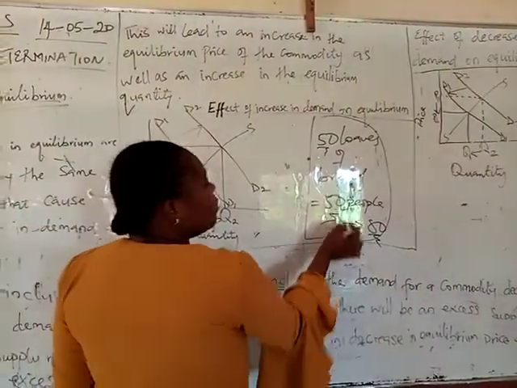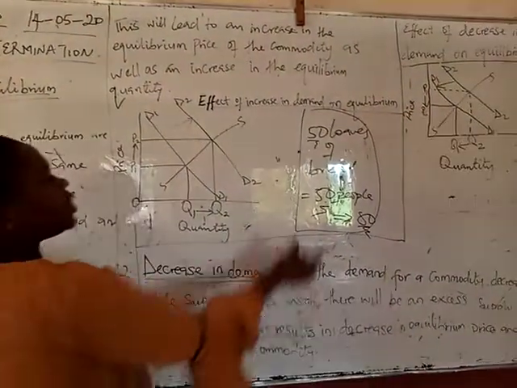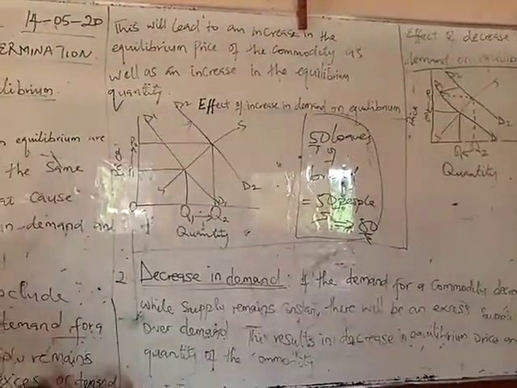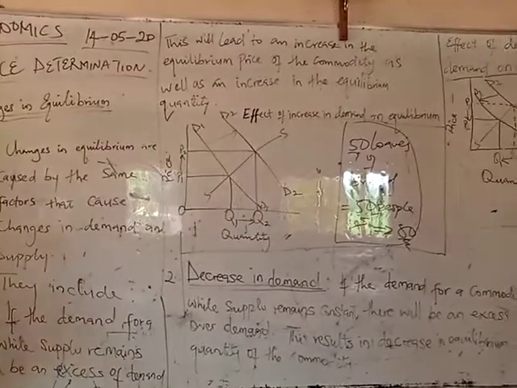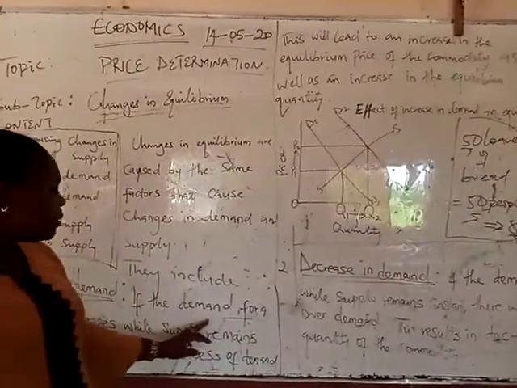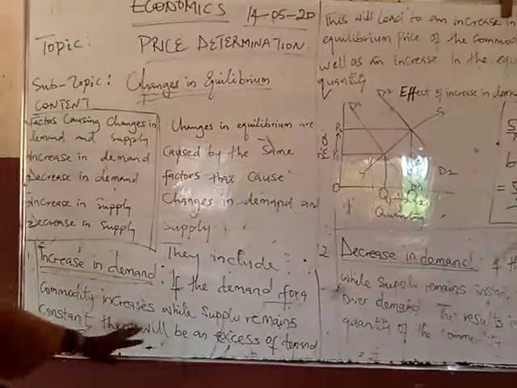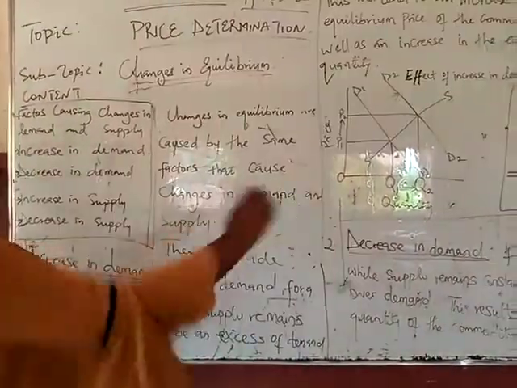And if demand increases with the supply of that same loaf of bread remaining constant, let's see what happens to equilibrium price.